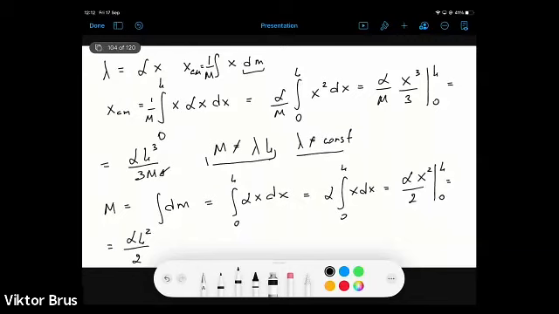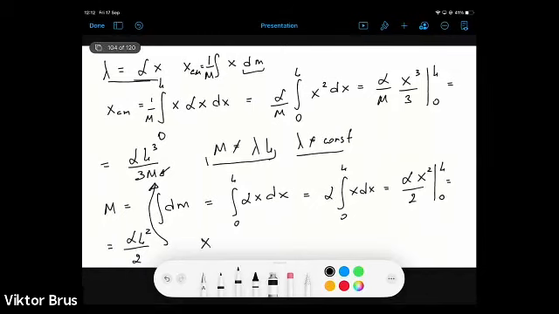So now we have equation for total mass, which takes into account this linear distribution. Lambda is equal to alpha x, and we can substitute it here in this equation.